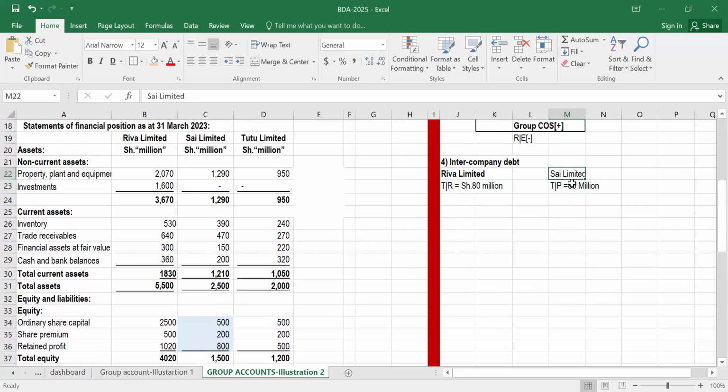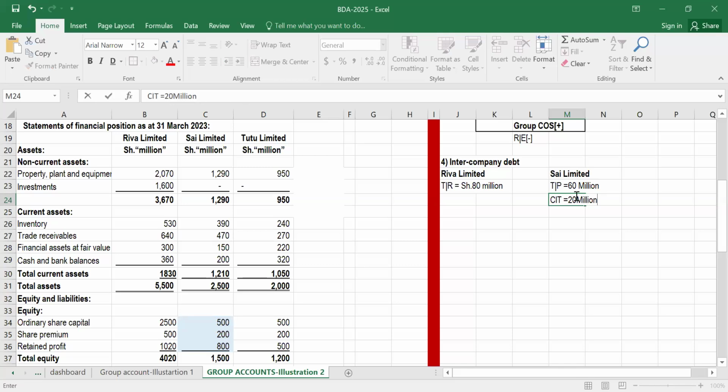So the amount this particular company owed to the parent, we are told it was 60. So automatically, even without going to the other point, we should be able to know here that there was a cash in transit, which is the difference. And the cash in transit in our case should automatically be 20 million, even without going to the other statement.